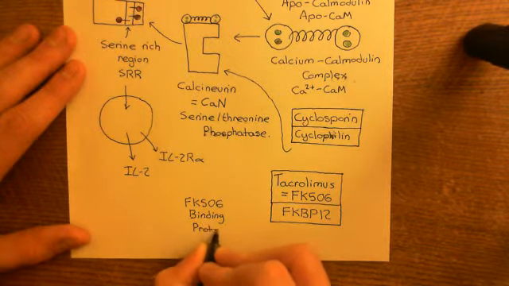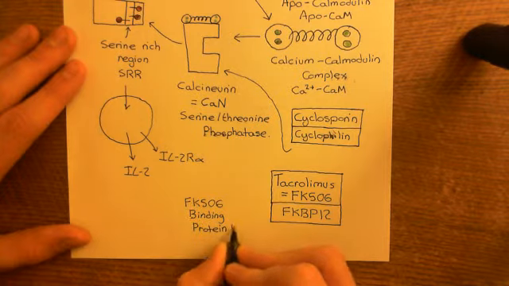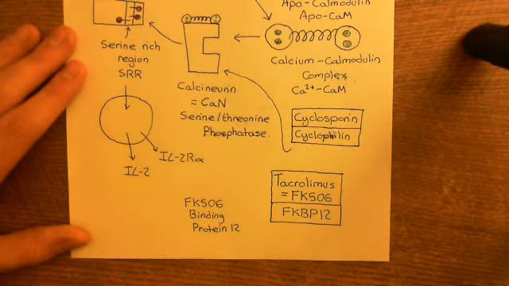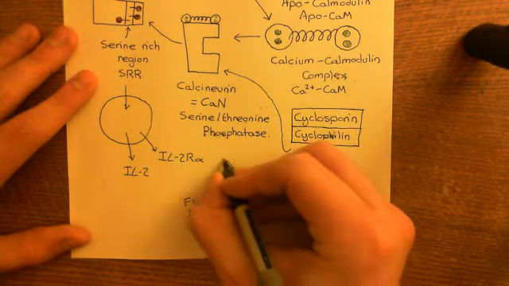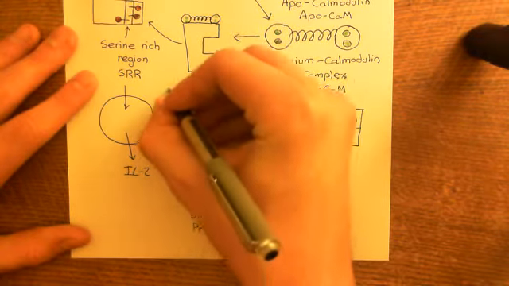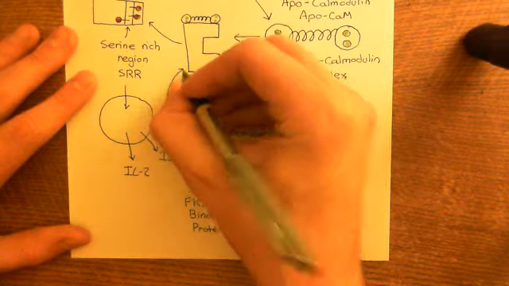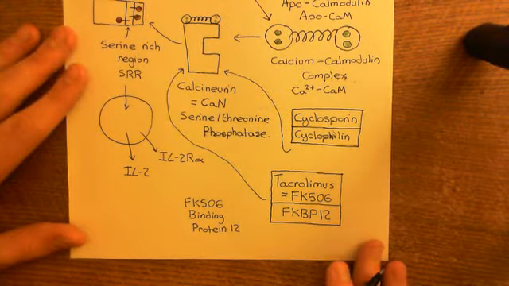And when the Tacrolimus drug binds to the FK506 binding protein 12, this complex is again going to bind to the calcineurin enzyme.